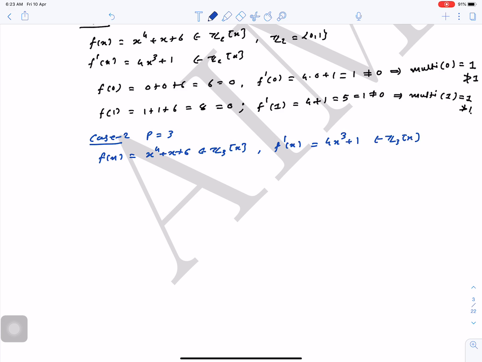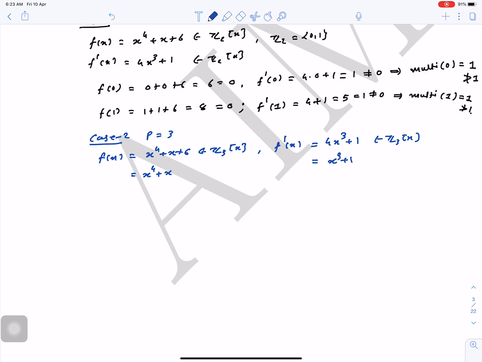But in Z3, 6 is 0, so it is what? x raised to 4 plus x only, and f dash x will be what? This will be x cube plus 1, because 4 is 1.